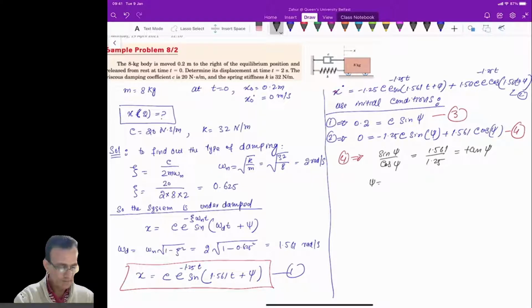So you can calculate psi here, which is tangent inverse of 1.561 divided by 1.25. So from here you will get psi, which is 0.896.